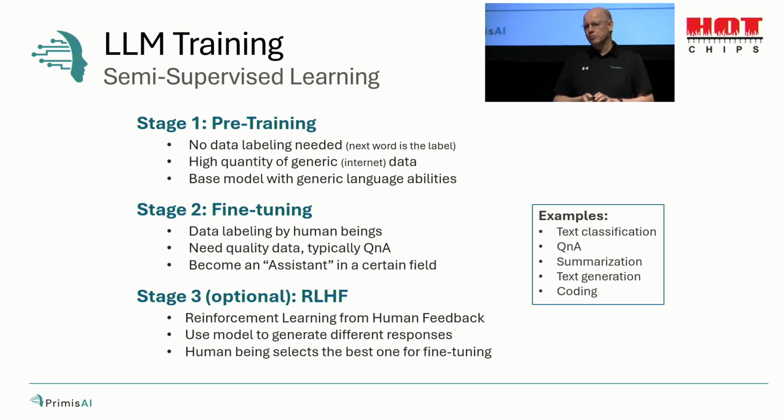That's what turns the LLM, if you think about ChatGPT, into a conversational assistant, like a Q&A type machine. And then stage 3 is reinforcement learning through human feedback, because it's a lot of work to fine-tune the LLM during the training process using human-provided data.